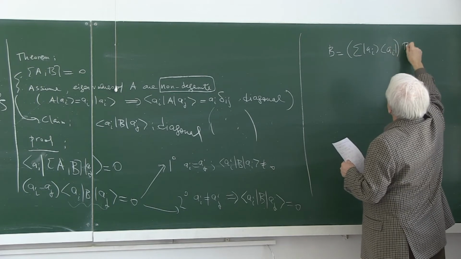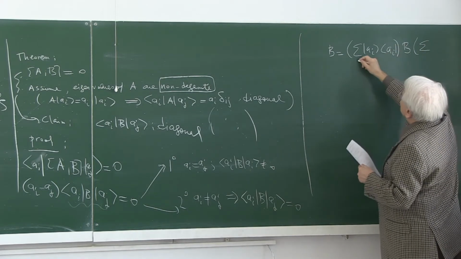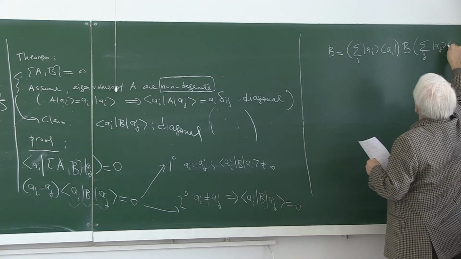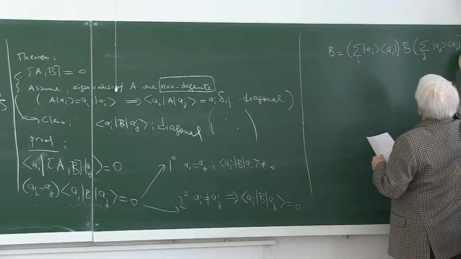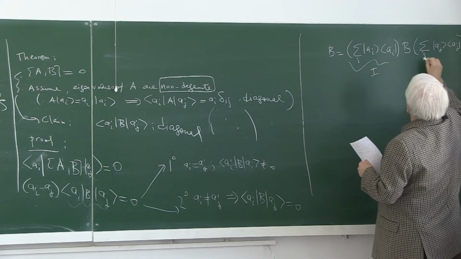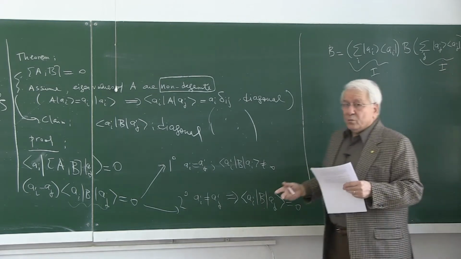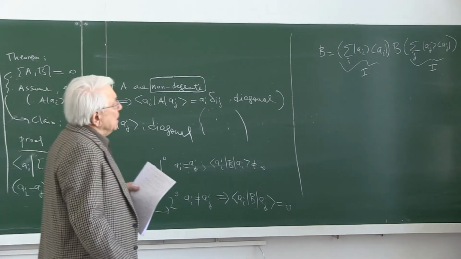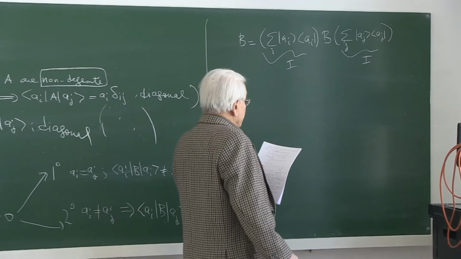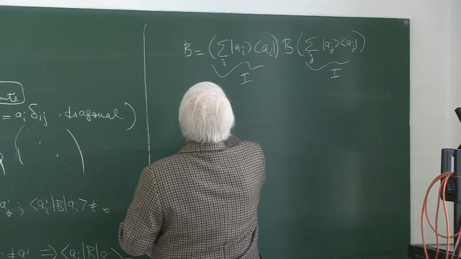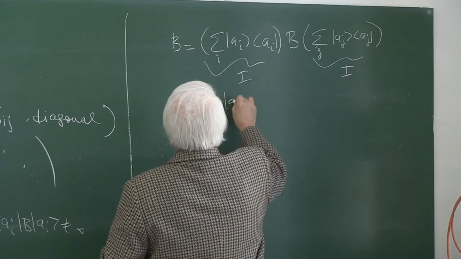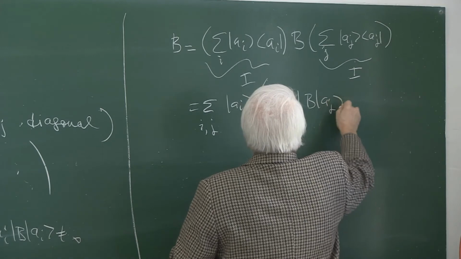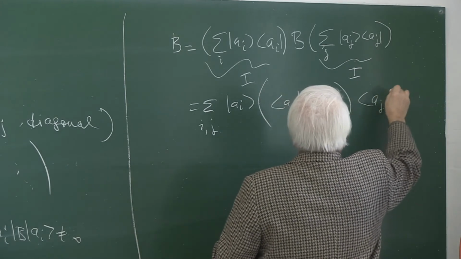By now you should be quite familiar with using this identity trick. That's the 1, that's also 1. These are identities, right? Not the number ones, identity operators. Completeness relationship. So what do I have? I have the sum over i and j, |a_i><a_i| B |a_j><a_j|.